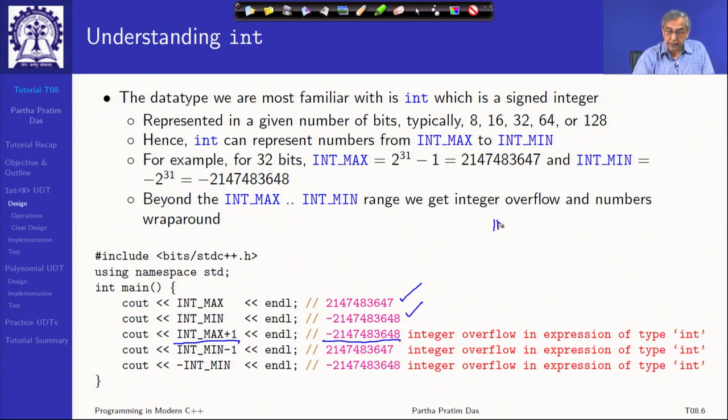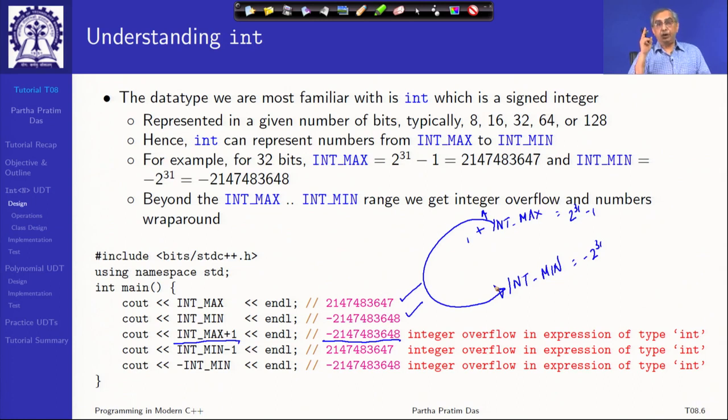So, here you have int max, 2 to the power 31 minus 1, and here you have int min, minus 2 to the power 31. If you do plus 1, then instead of giving you 2 to the power 31, it wraps around and gives you minus 2 to the power 31. That is the basic wraparound process of finite bit representation.